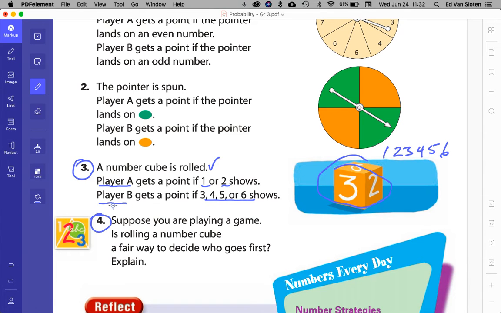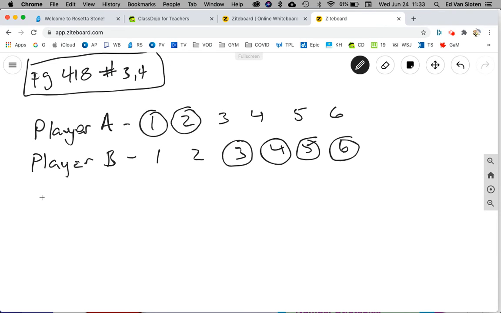I think the line that's missing is probably underneath there. They want to ask, is it a fair game? And you would go here and say, no, it is not a fair game.